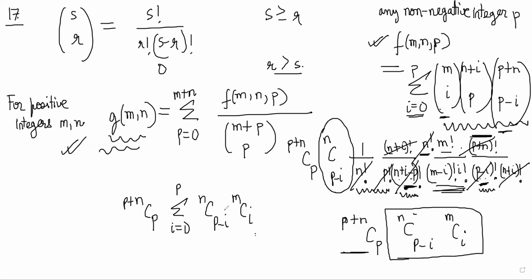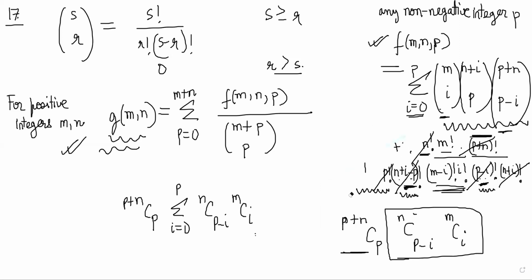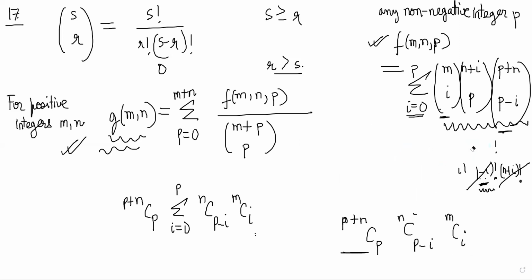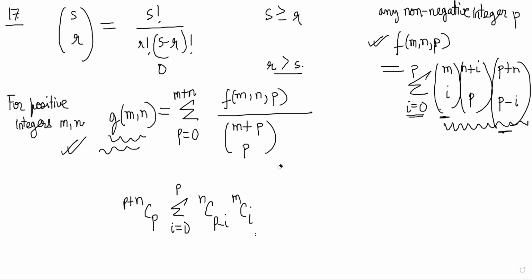Now let's focus our attention on this part, because if we can figure this out, then it will be over almost. So I'll just rub off this stuff a little bit. My F of M N P is coming out right now like this.